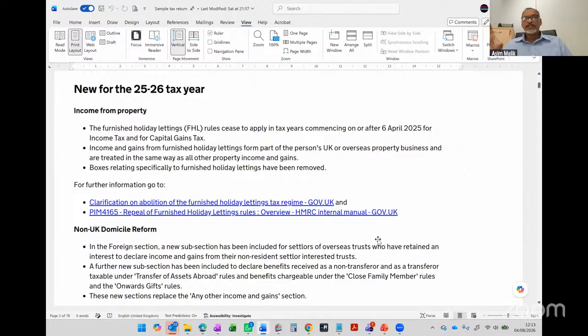Now, वो जो furnished holiday letting, because furnished holiday letting was classified as a business, there are certain expenses which are allowed for that. That's not there anymore, right? So basically, if you're doing furnished holiday letting, just make sure that you adopt the new rules. टैक्स रिटर्न्स में से जो फर्निश्ड हॉलिडे लेटिंग के बॉक्सेस हैं वो रिमूव कर दिए हैं HMRC ने.